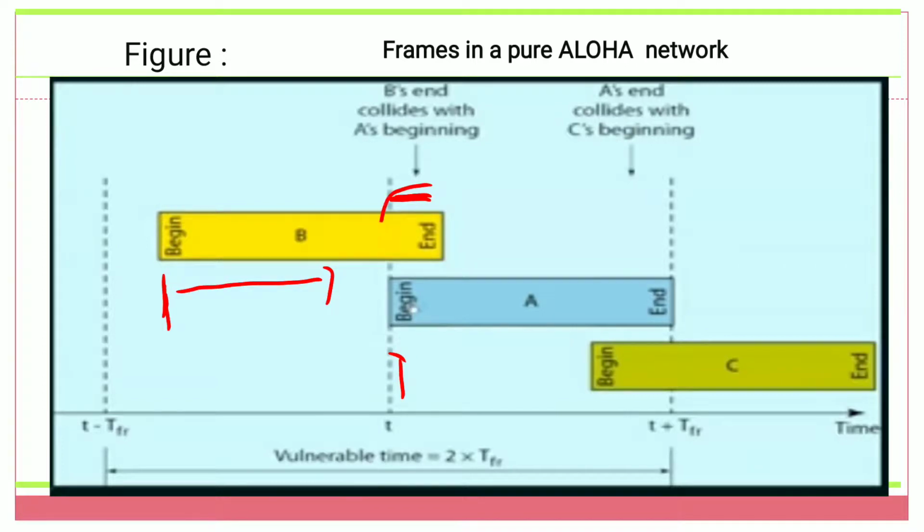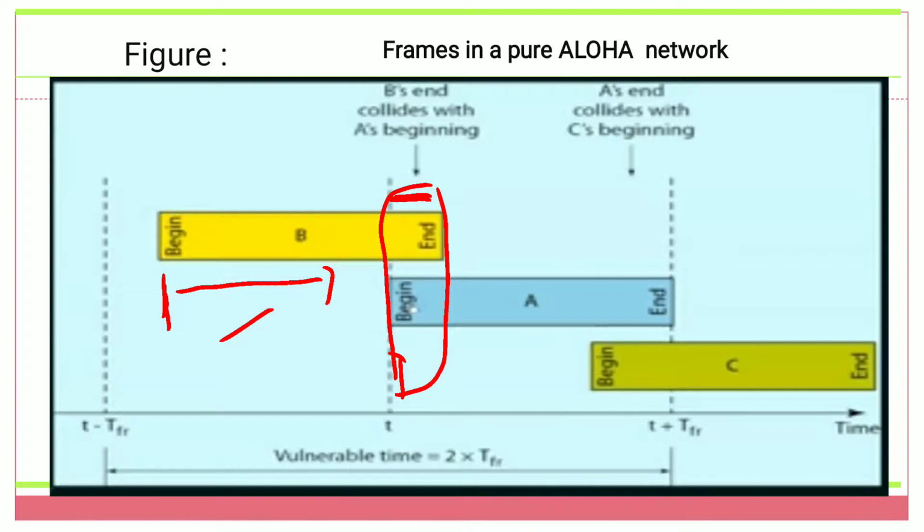So during this time period, what will happen? Again a collision will happen. Even though B is at its ending stage and A is at its starting stage, B's frame and A's frame collide with each other, and both will be destroyed, or corrupted.